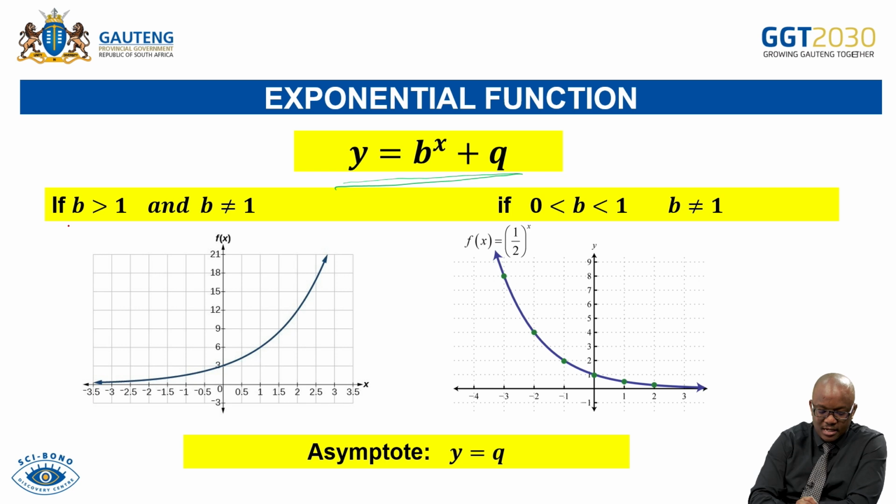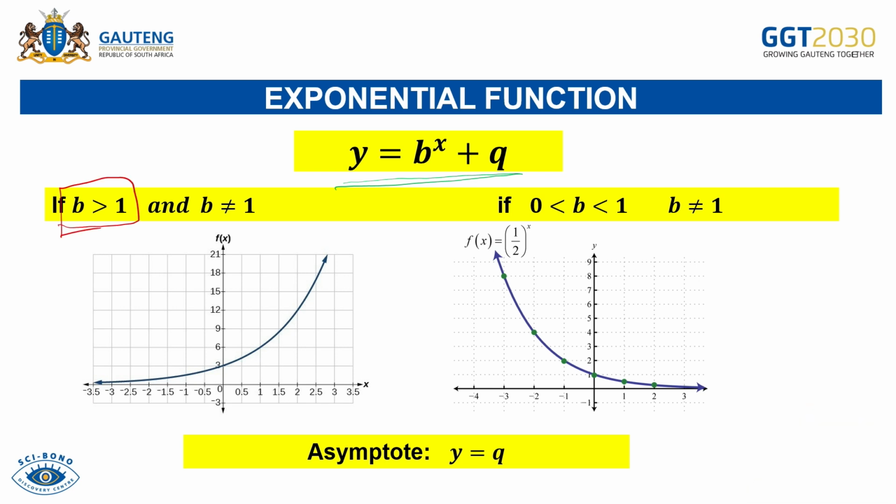So we're saying if b is greater than 1, numbers like 2, 3, 4 going up, those are the numbers that are greater than 1.